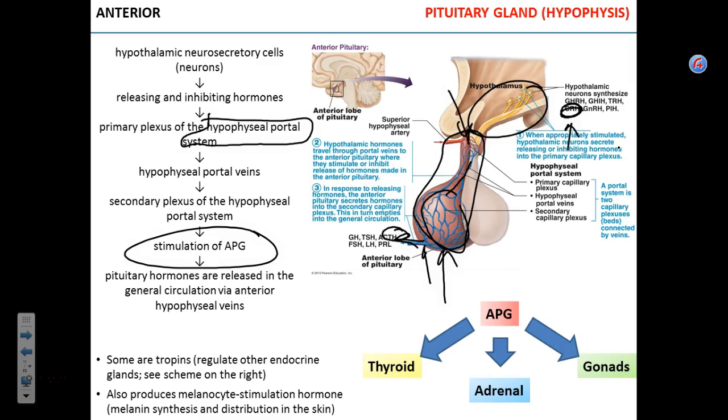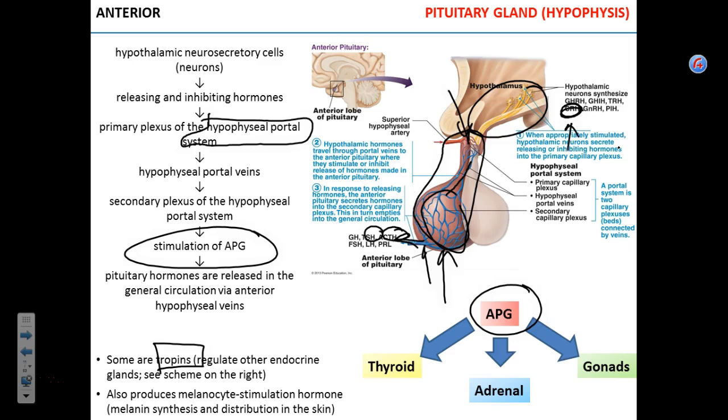Now, the anterior pituitary gland produces a lot of tropins. Tropins regulate other hormones. Thyrotropin regulates thyroid hormone. Okay? Thyrotropin is also called thyroid stimulating hormone. Gonadotropins regulate gonads.